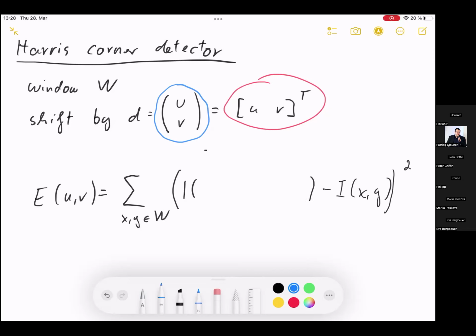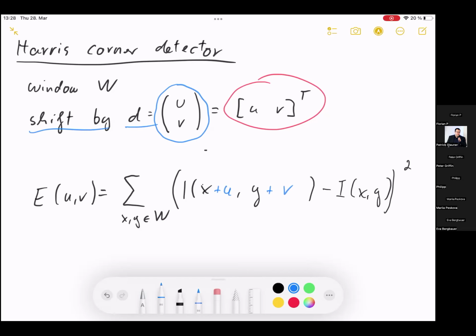And this intensity at (x, y), we will now think about a window that we're moving around by this shift D, and I have my x and my y, and I add u on top of x and v on top of y. So this is the shift by which I'm shifting the window. u and v can also be just a few pixels.